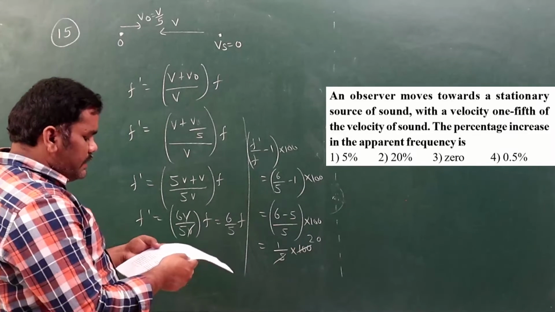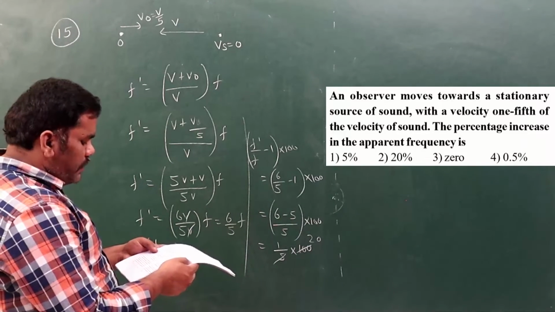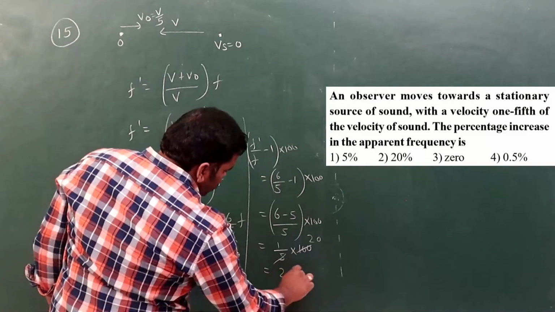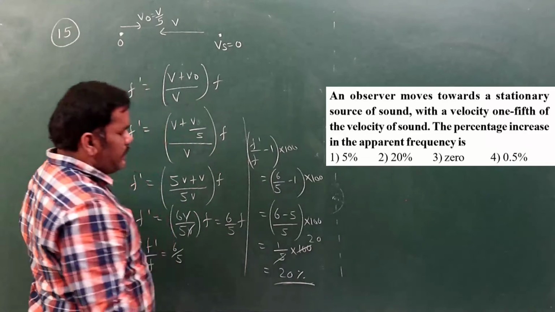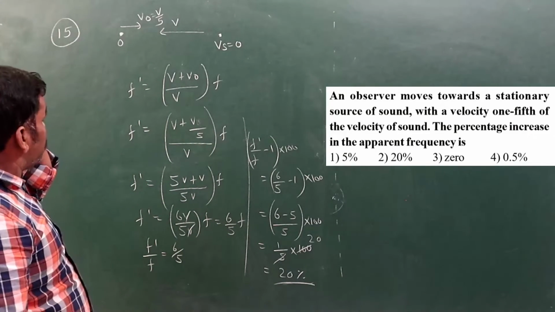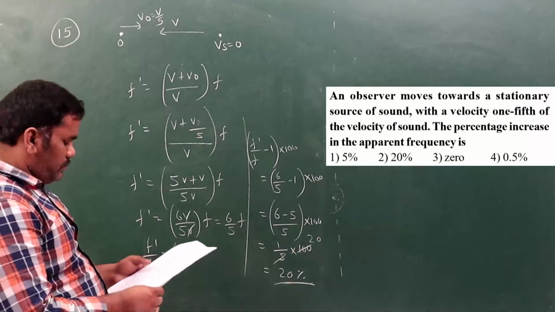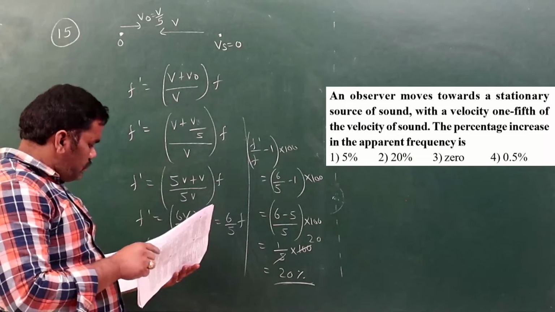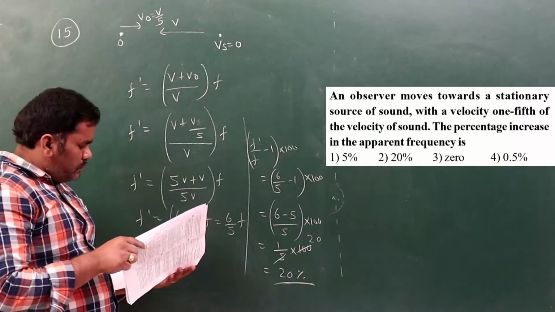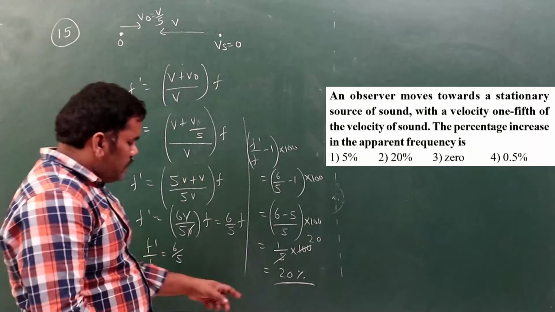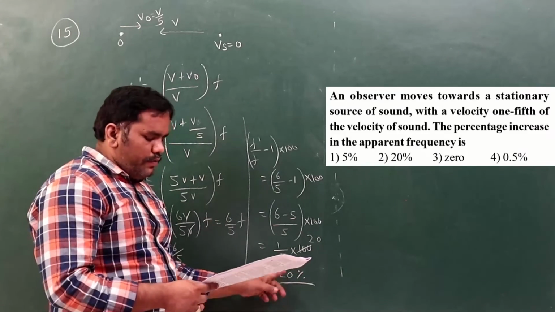The percentage increase in apparent frequency is 20. Okay? So the second option, 20.